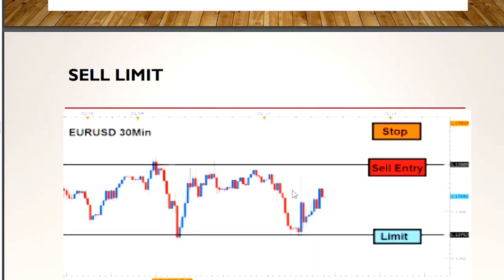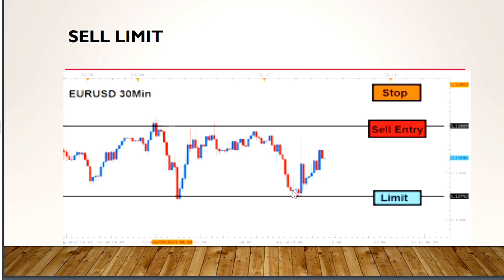So we have sell limit now. You can see we have the sell entry here. We have the limit here. We have the stop here. So sell entry, let's assume this is the entry point. Sell limit is when the market is going up from your analysis, but when it gets to this particular place, there's a limit there, so it will come here and stop and reverse.